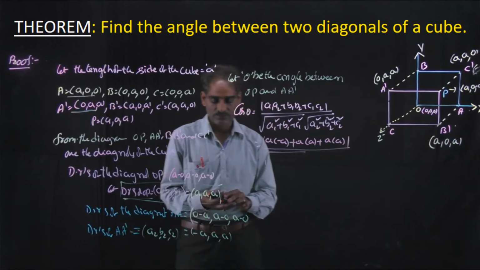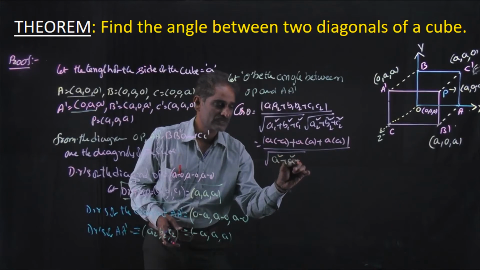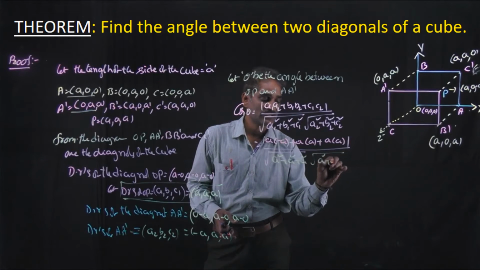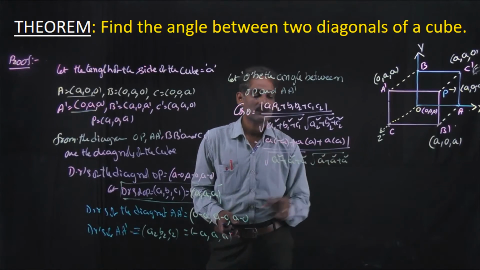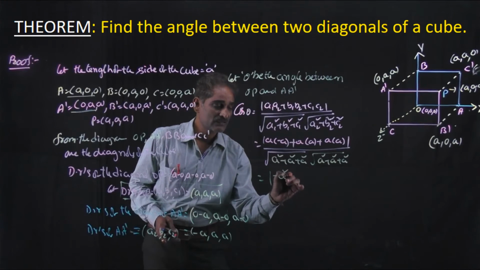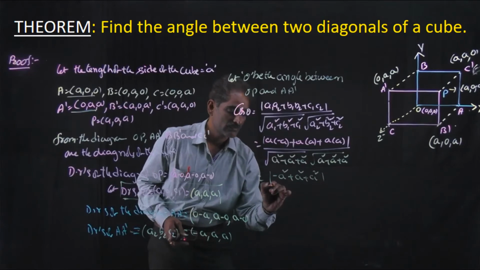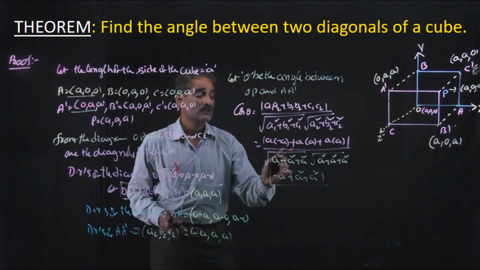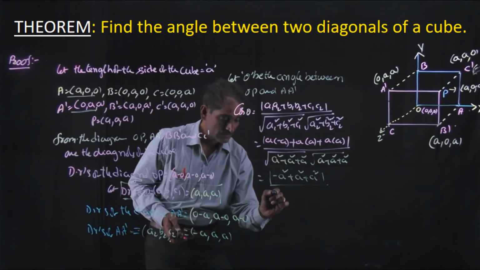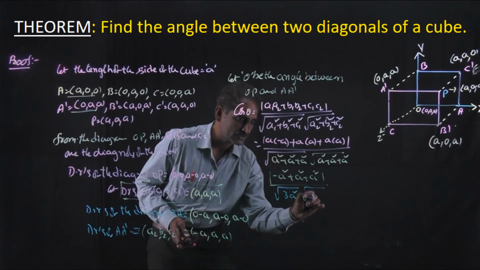Square root of a square plus a square plus a square, a square plus a square plus a square. Here, see, it is equal to minus a square plus a square plus a square by root into root, otherwise 3a square, root of 3a square into root of 3a square.